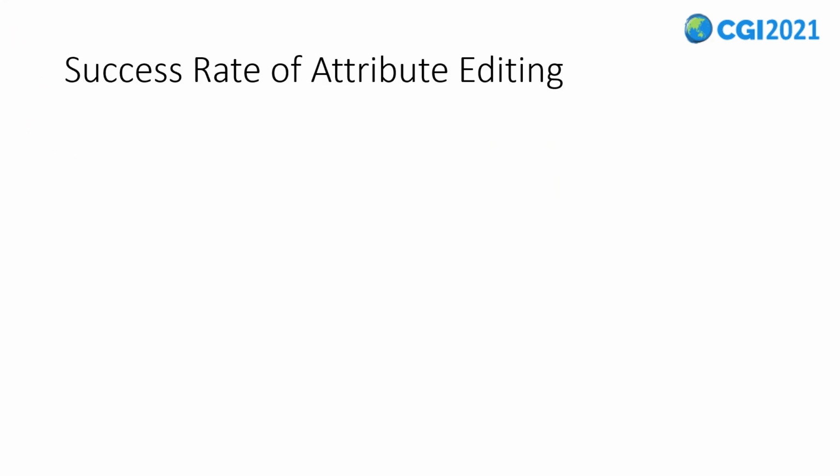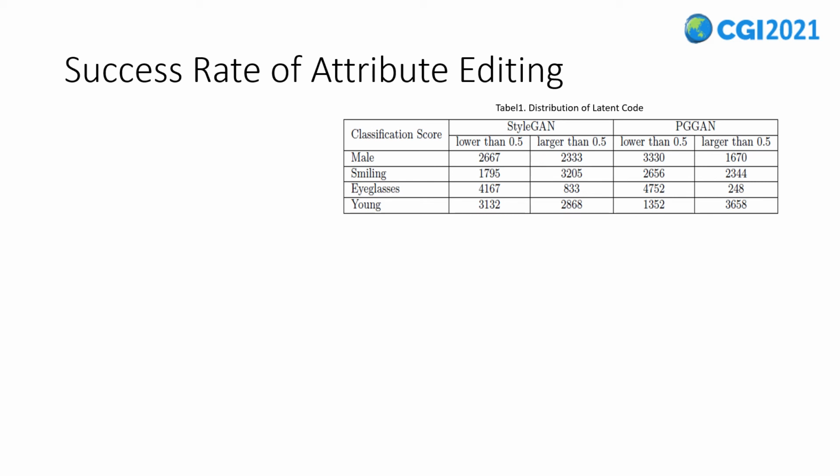We try to extract a control vector on two mainstream generators and evaluate the success rate of attribute editing. Firstly, we randomly sample 5,000 latent codes, with the attribute distribution as shown in Table 1.